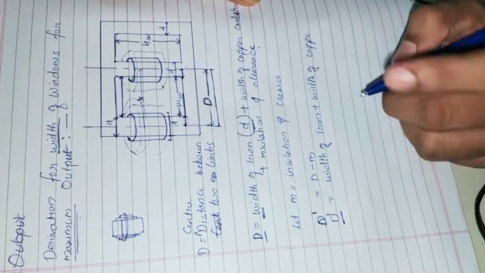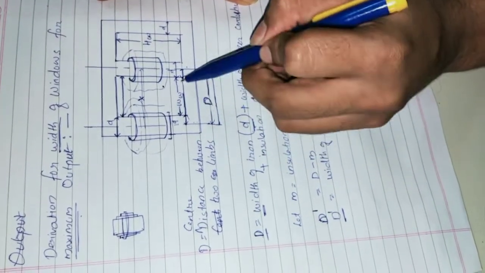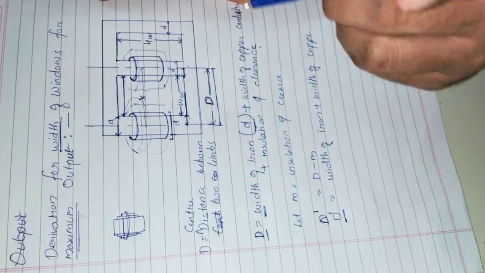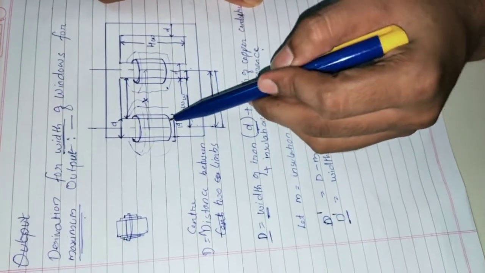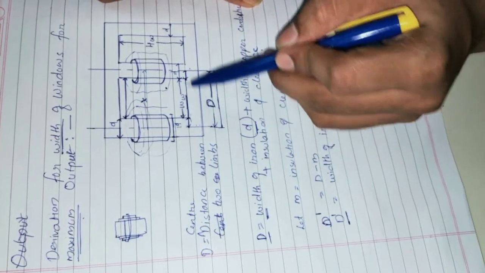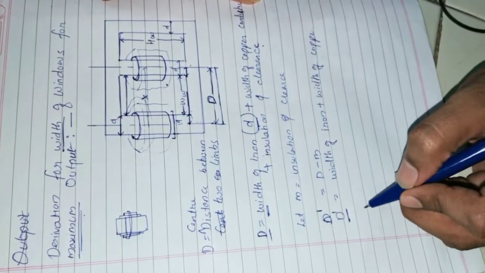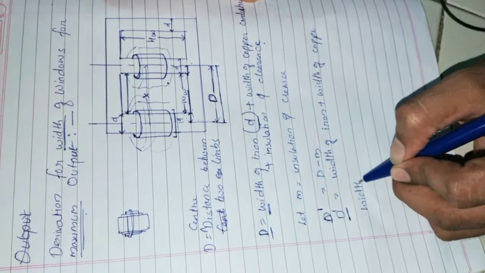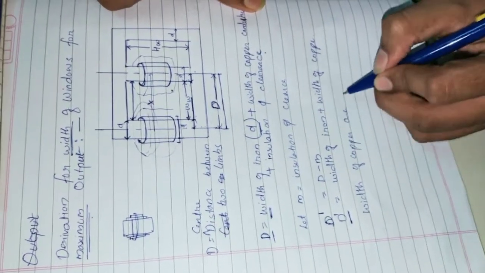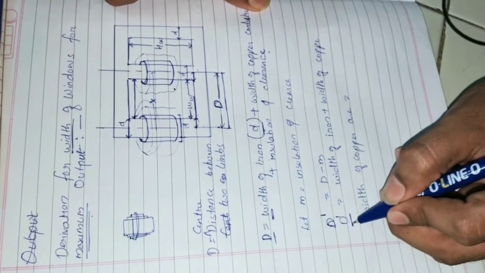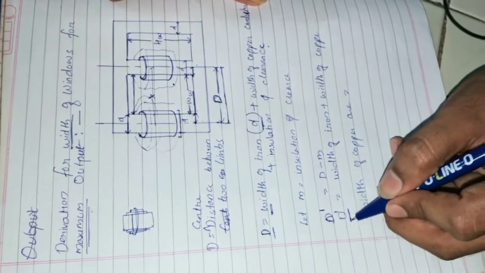From this we now need the width of window. In the window, what do we have? Only the copper part, because iron is here and we need the width of window. So we need only the width of copper area, right? Width of copper area, what will that be? If we subtract iron area from this, why?